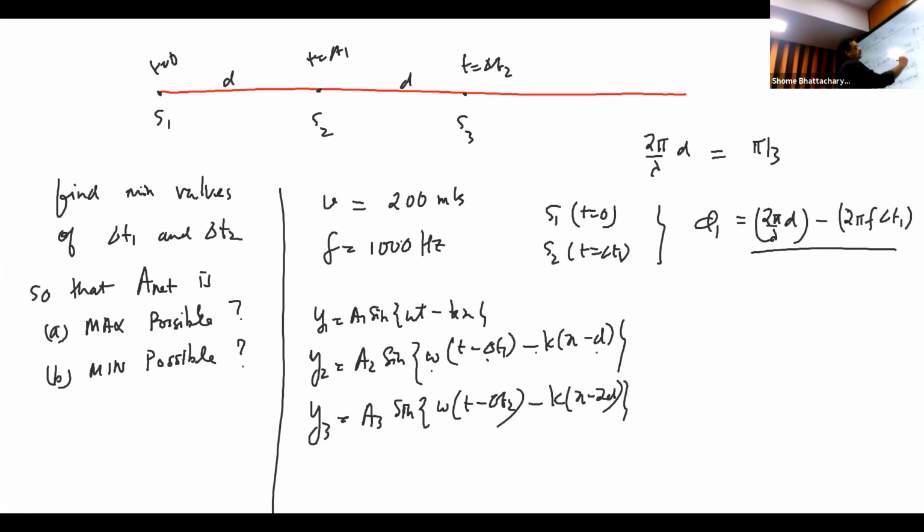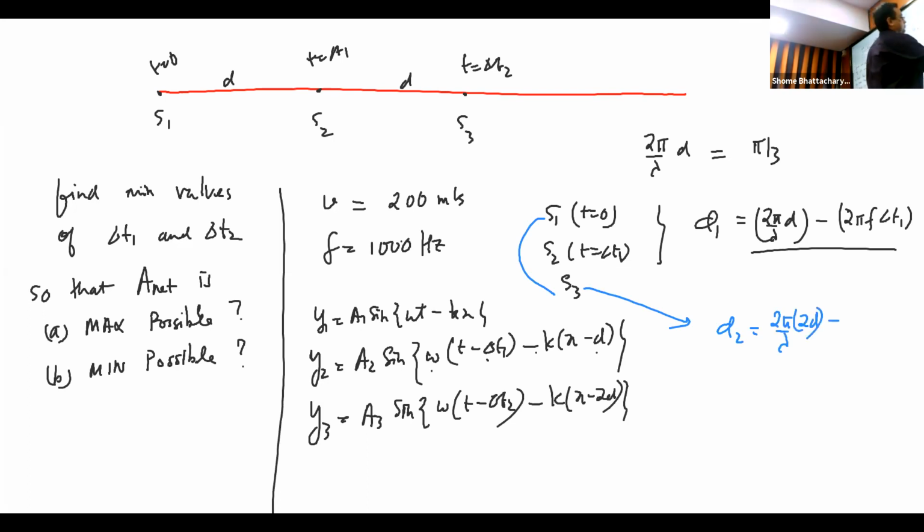So between S1 and S3, this will become 2 pi by lambda into 2d, minus 2 pi f into delta T2.